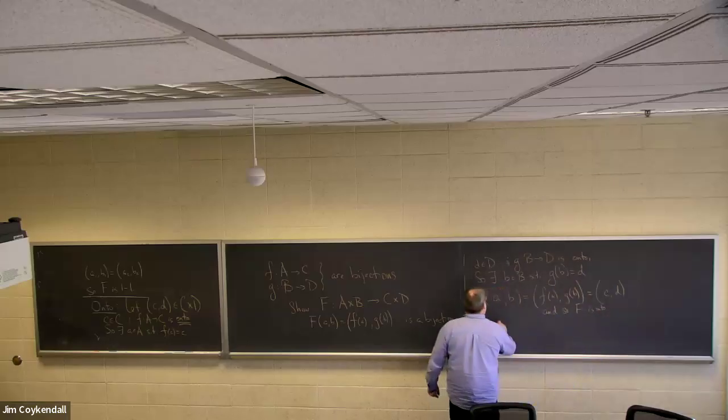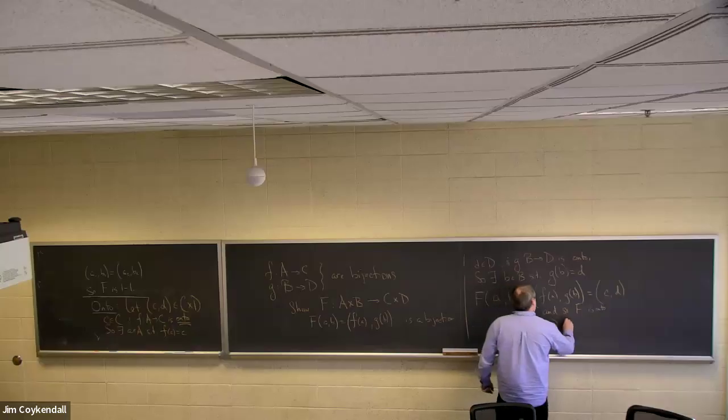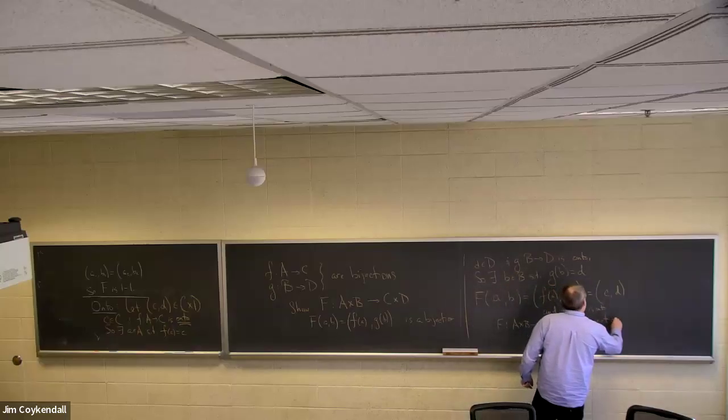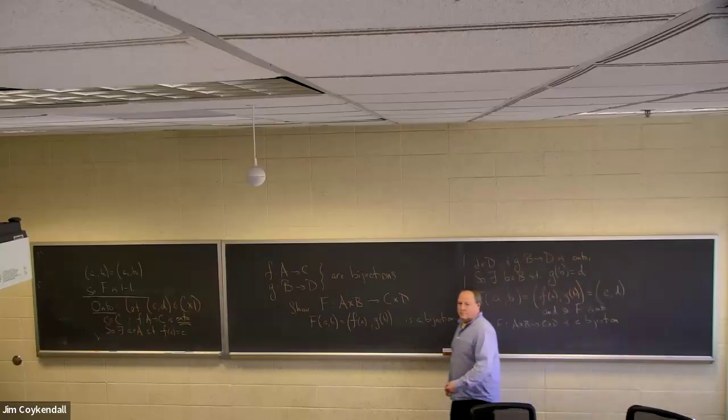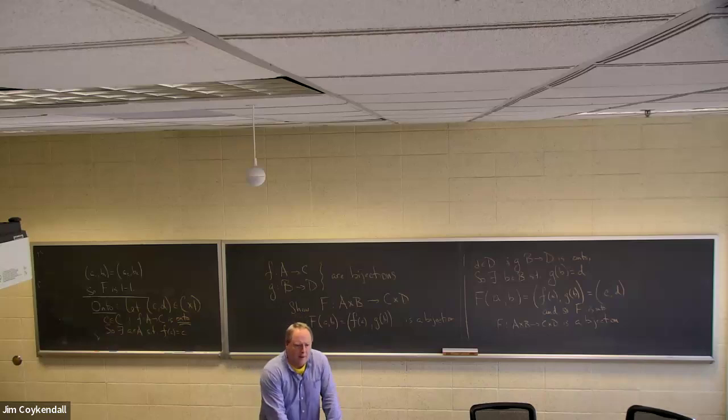One turns out to say F from A cross B to C cross D. Suppose the cardinalities of A and C are equal, and B and D are equal.